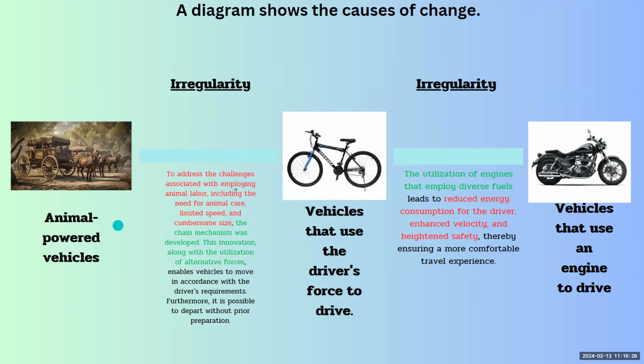The common thing in the second part is that it uses the driver's force to make it drive. And the third part uses the engine to make it drive. And the reason why it changed from the animal to driver force is because of the challenge that using animal labor includes the need for animal care, limited speed, and the chemical side.